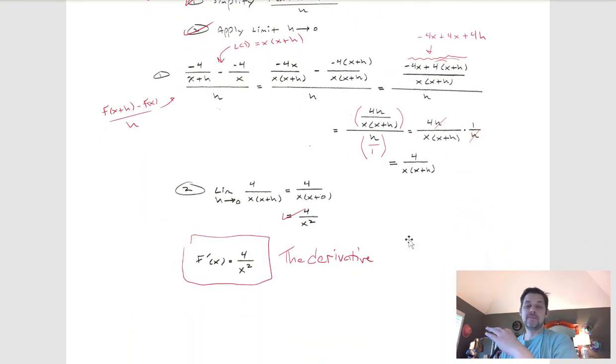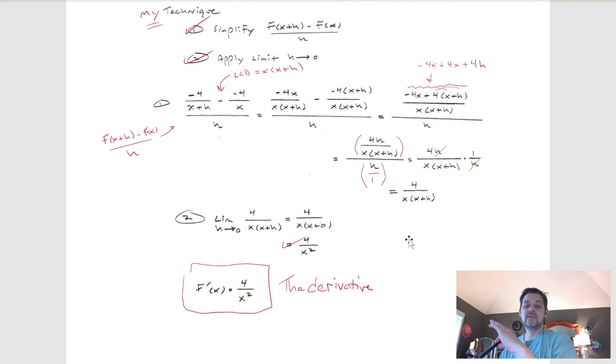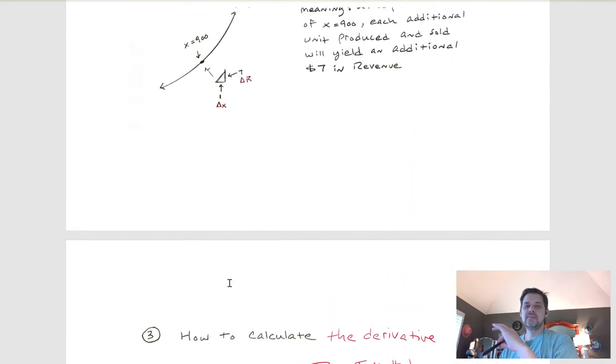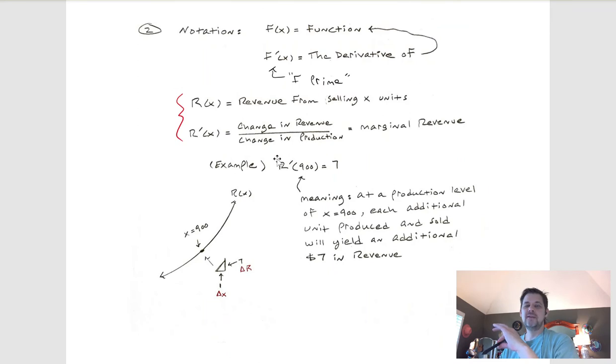Okay, now, next thing that we do is, let's look at it this way. Remember, in this example, I said if I find R, the revenue function, and if I find the derivative of it, it tells me how production and revenue change together, okay?